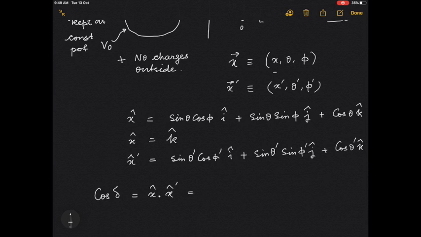So I will get sine theta cos phi sine theta prime cos phi prime in the first term. But you see that these terms are 0, so I will just get cos theta times cos theta prime. Cos theta is 1, so this is essentially cos theta prime.